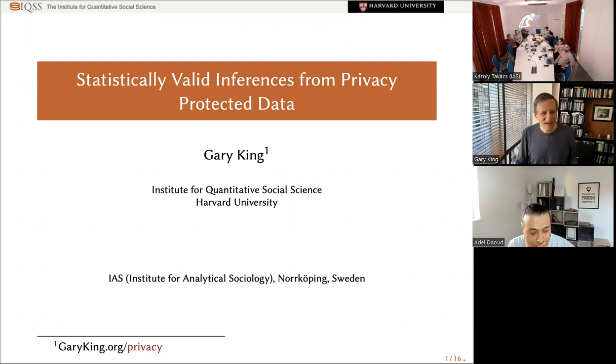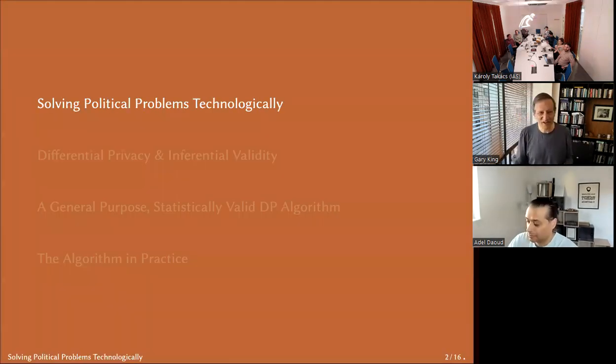So that's my pitch, to try to solve the political problem of data sharing technologically. The way that I'm going to talk about how to share privacy is that there's now a reasonable consensus in the academic literature, which is called differential privacy, which I'll explain to you. And then I'll give you an example of it and show you how it works in practice.